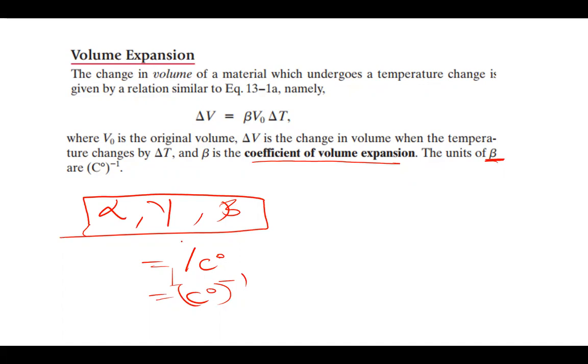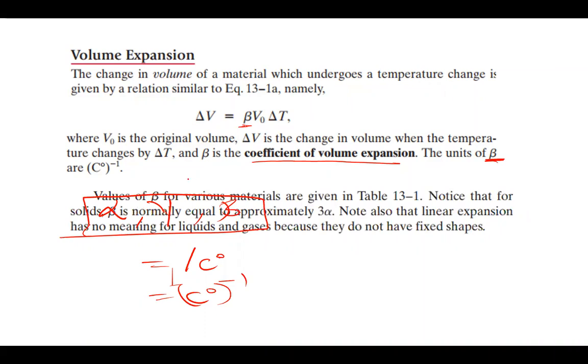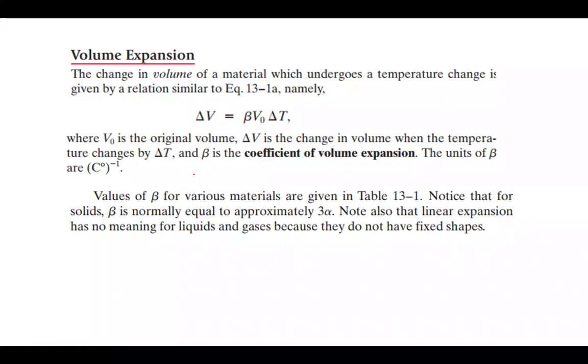It's just the same. So these are the units for alpha, gamma, and beta. What we have just discussed is very important, and we're going to apply it in the tutorial questions.